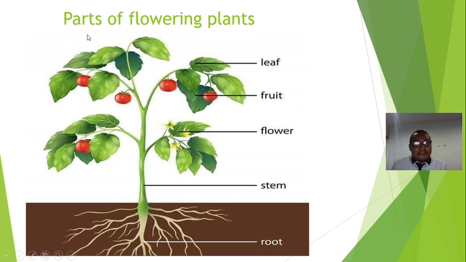Now let us look at the parts of a flowering plant. Part number one is leaf. Number two, fruit. What we are seeing here is a fruit. Number three, flower. What we are seeing here in yellow is what we call a flower.